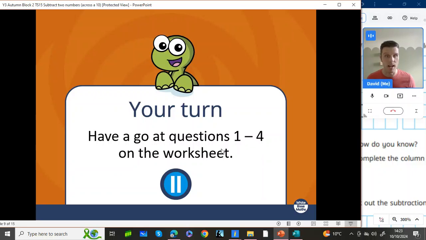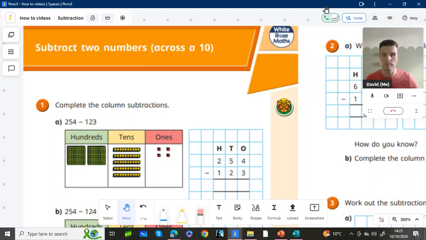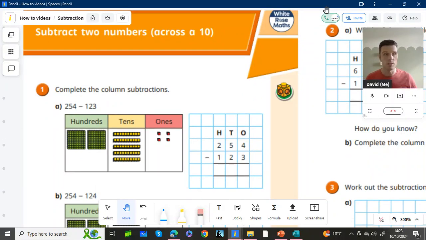So now it's your turn to have a go at questions 1 to 4 on the worksheet. So what I'm going to do, I will go through the first part with you. I will then pause the video and you can answer the other part of this, and then I'll do the same for 2, 3, and 4.